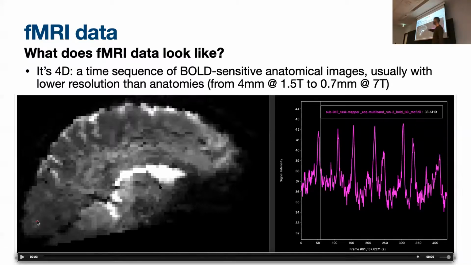There is this trade-off here. We are measuring a combination of signal and noise in these voxels. And the goal of most of our analyses is to find which is signal and which is noise. That's the general idea of all of our analyses.